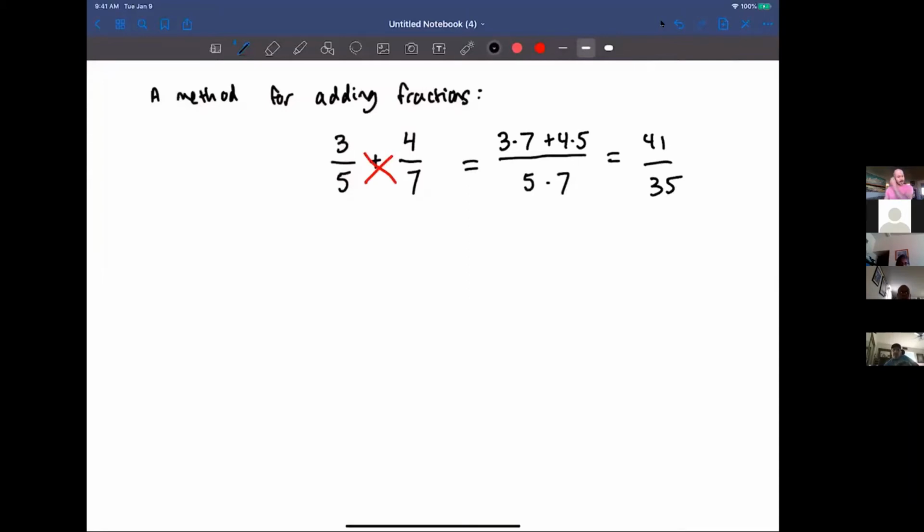Great. But if you were to put these numbers down in front of a lazy mathematician, the way that the lazy mathematician might think to add these is just to add the numerators together, 3 plus 4, which is 7, and 5 plus 7, which is 12. And that's how we're going to be adding fractions today.